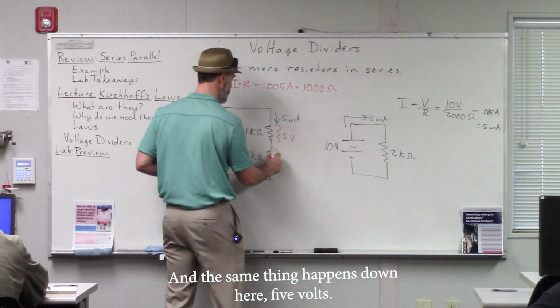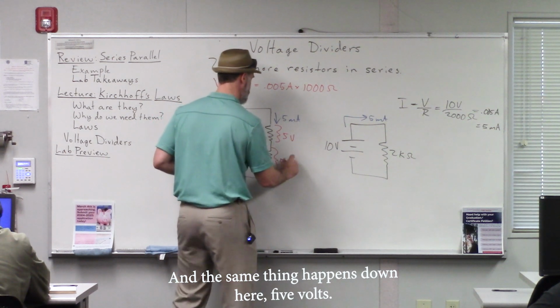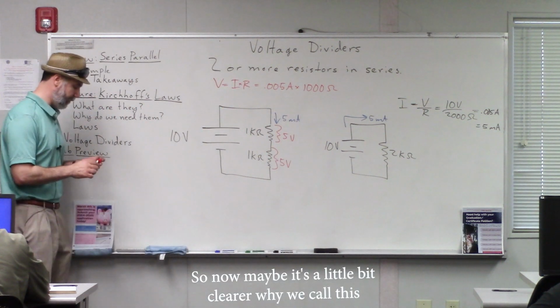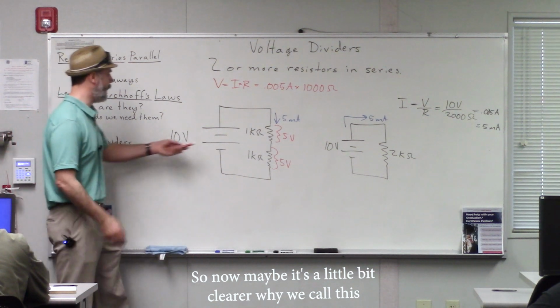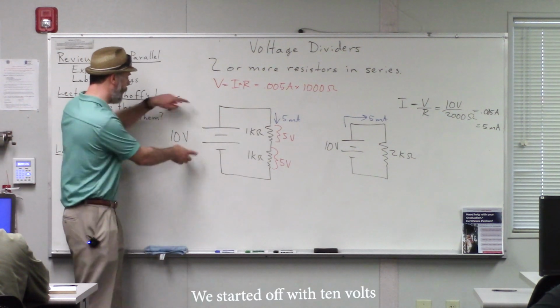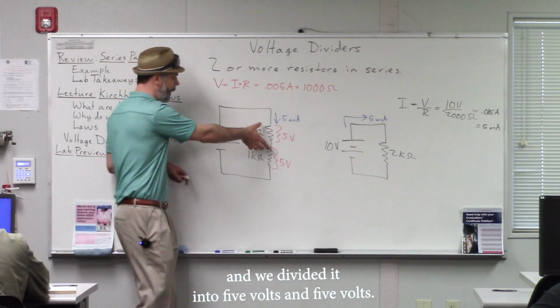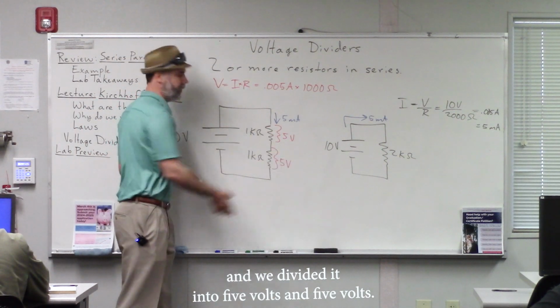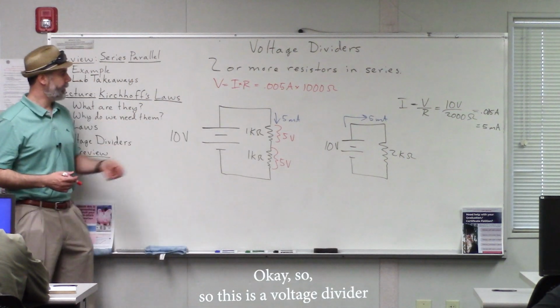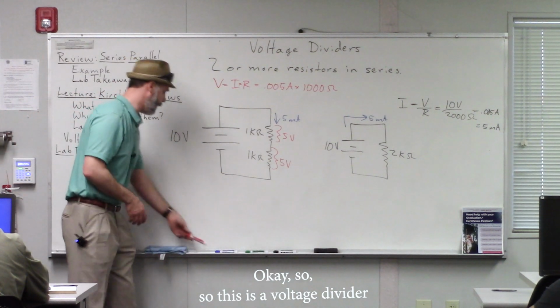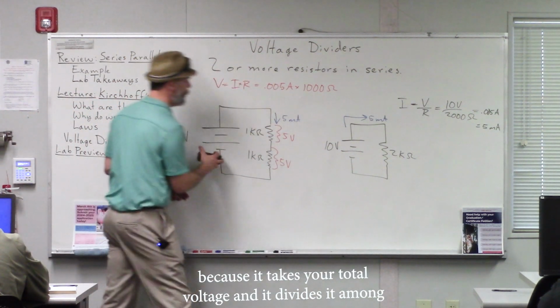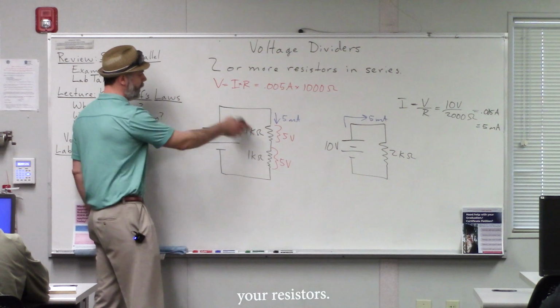And the same thing happens down here, 5 volts. So now maybe it's a little bit clearer why we call this a voltage divider. We started off with 10 volts and we divided it into 5 volts and 5 volts. Okay? So this is a voltage divider because it takes your total voltage and it divides it among your resistors.